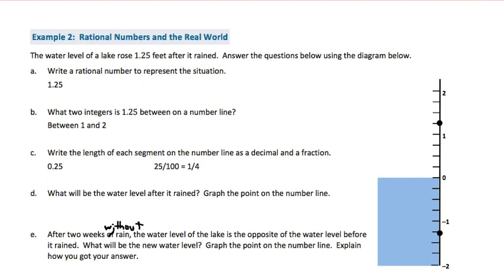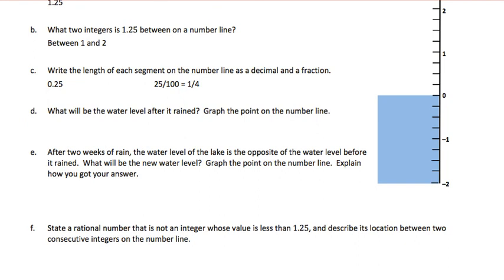Finally, in question F, they asked us to say a rational number that is not an integer, whose value is less than 1 and 25 hundredths, and describe its location between two consecutive integers on the number line. And so looking at our number line, we're looking for a rational number that is not an integer, and is less than 1 and 25 hundredths.